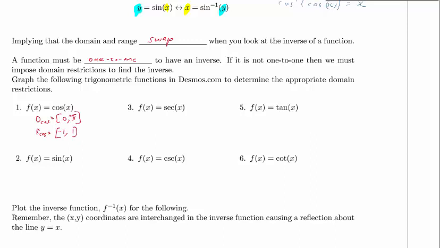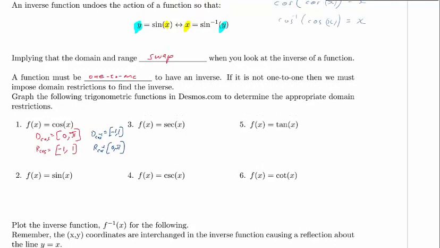And so if I wanted to say, okay, well, what is the domain of the inverse cosine? Well, that would be from -1 to 1. And then the range of the inverse cosine would be from 0 to pi. Right? They're going to switch in every instance because that's the nature of the inverse function as given up here.